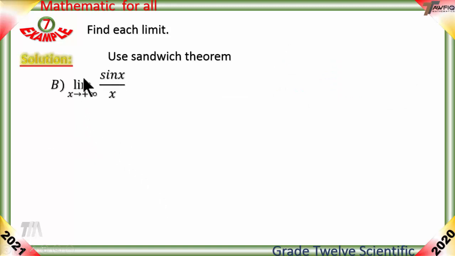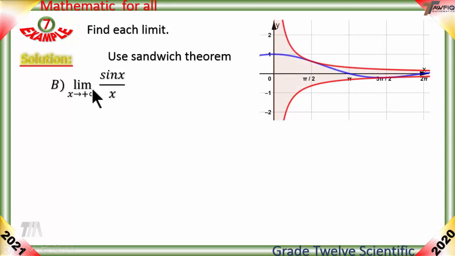B, limit when x approaches positive infinity for sine x over x. Because the limit of sine x does not exist, here we must use the sandwich theorem. The function sine x is between minus 1 and 1.